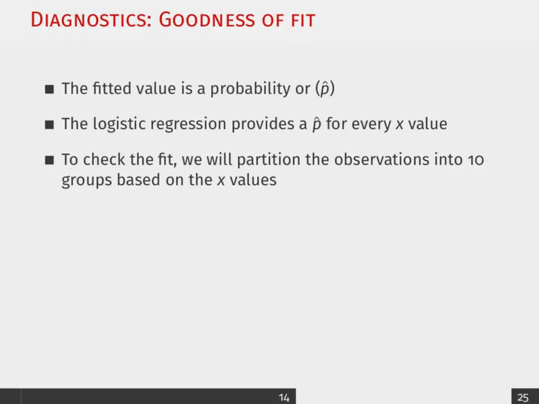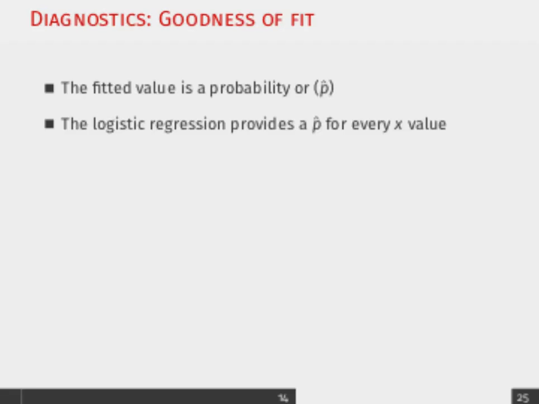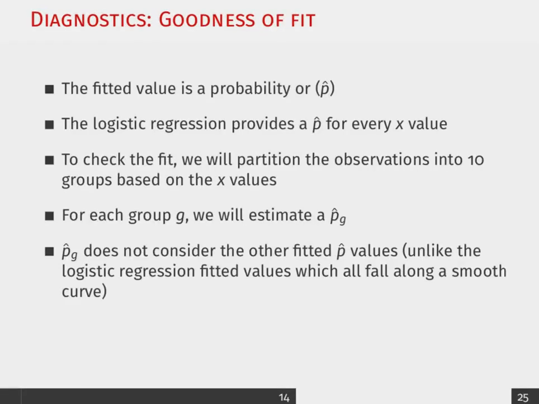Now, what we want to do is check to see whether or not for each of those values of X, our model fit is very good. So we're going to partition the observations into different groups. So from 20 to 29, 30 to 39, and we're going to get an estimated or predicted probability of having CHD for each of those groups.